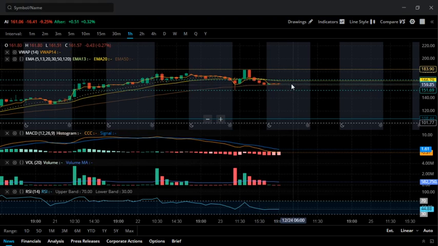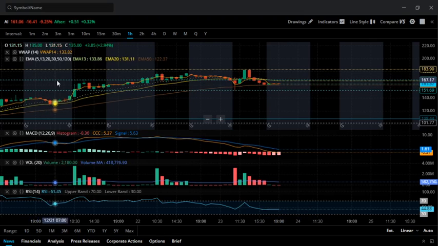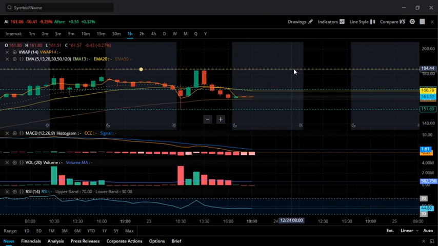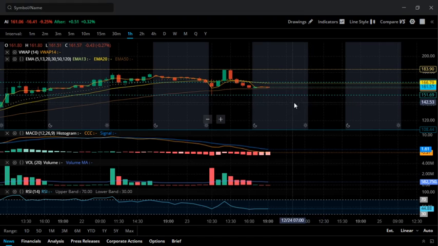If it holds this level here, 151, to whatever this is, what is the high of this candle here, right? Almost 170, 168.75. I say 169, okay? So if it holds in this range, they're range bound. What do they do when it's range bound?